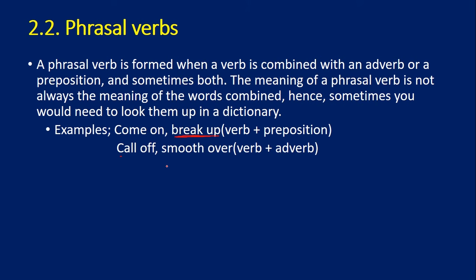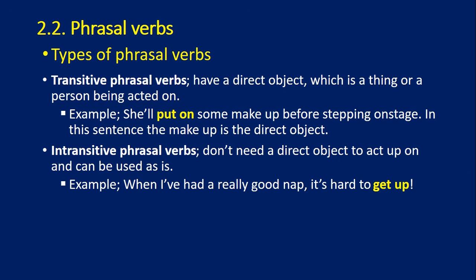Okay, so we continue. We've got 4 types of phrasal verbs, 4 categories of phrasal verbs. First one we have is the transitive phrasal verb. A transitive phrasal verb depends on the verb and it depends on the object. For example, we have: she'll put on some makeup before stepping on stage.